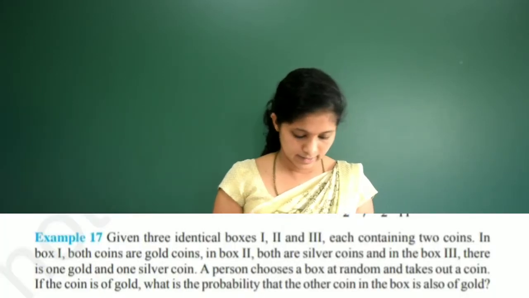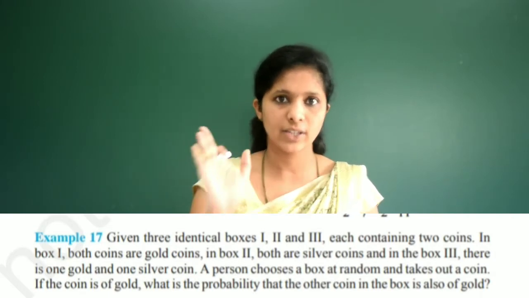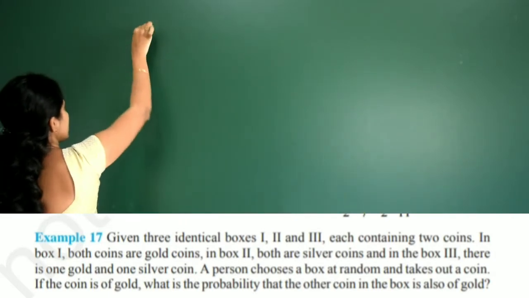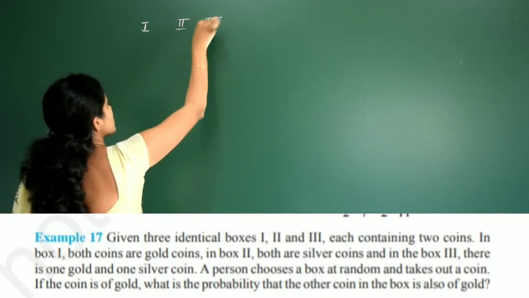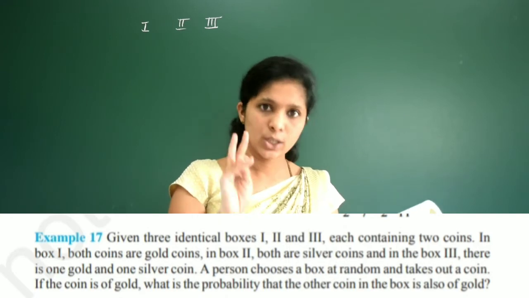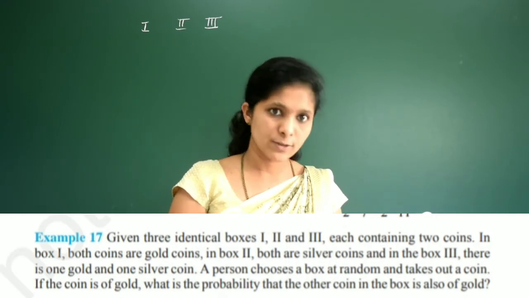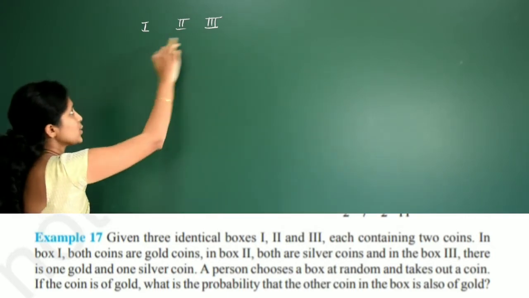See, try to understand this. Given 3 identical boxes, 1, 2 and 3. Let me write here: first, second and third. 3 boxes are given. Next, what is given? Each containing 2 coins. In the first box, both coins are gold.